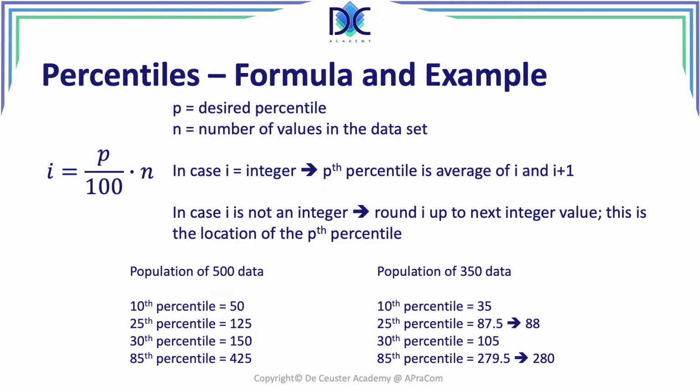For the 25th percentile, we find that the value i is equal to 87.5, so we go to the next integer, which in this case is 88. For the 85th percentile, the value is 279.5, and we go to the next point, which is 280. So here we can define whatever percentiles we want, and we can find the value which shows the position of that percentile.